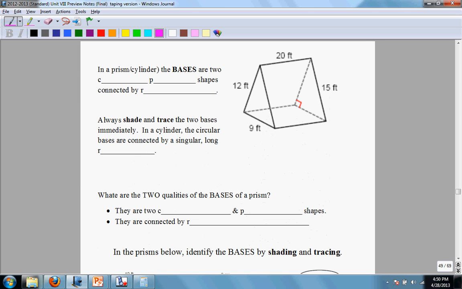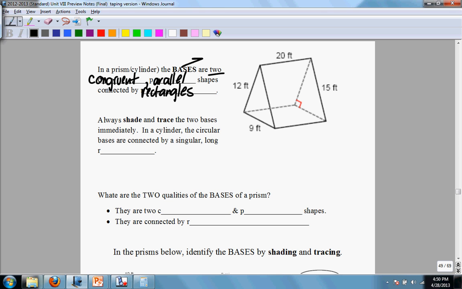Now, when you have prisms and cylinders, it's very important that you understand where the bases are. The bases in the prisms are two congruent, parallel shapes connected by rectangles.